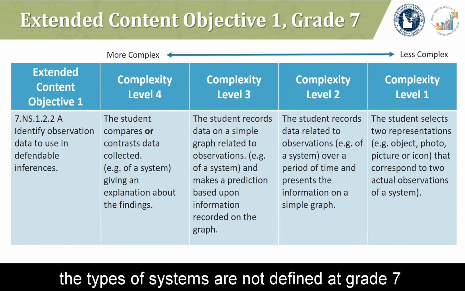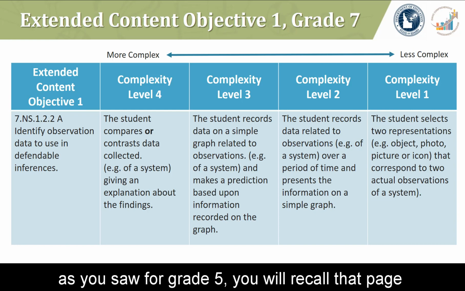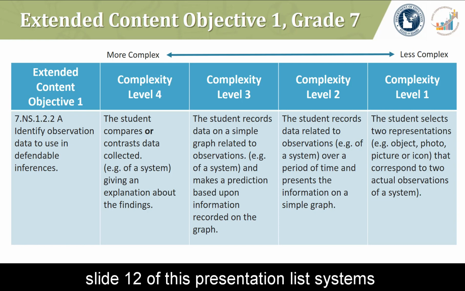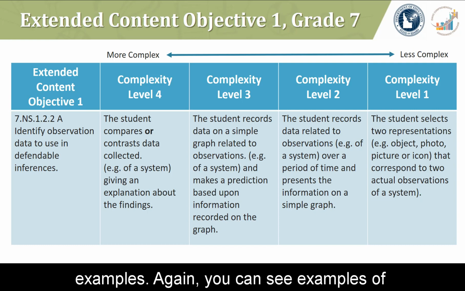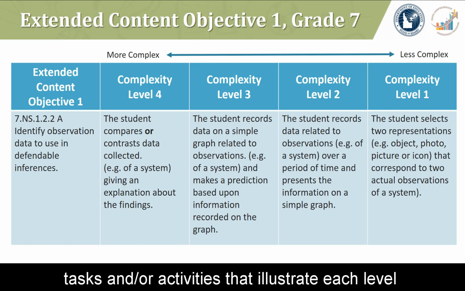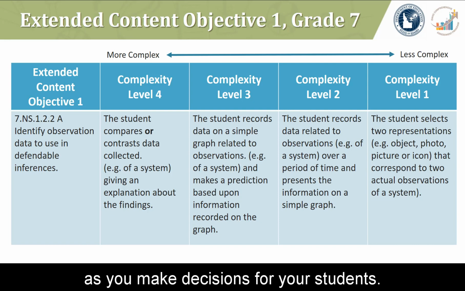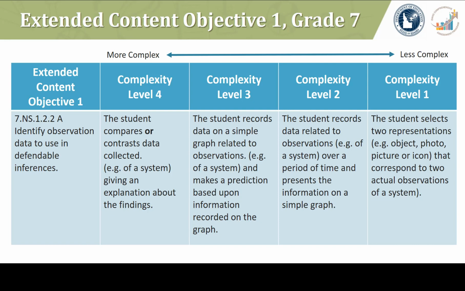Even though the types of systems are not defined at grade 7, as you saw for grade 5, you will recall that page 13 of the IDAA Science Portfolio Manual and slide 12 of this presentation list systems examples. Again, you can see examples of tasks and/or activities that illustrate each level of complexity. You can read these for yourself as you make decisions for your students.